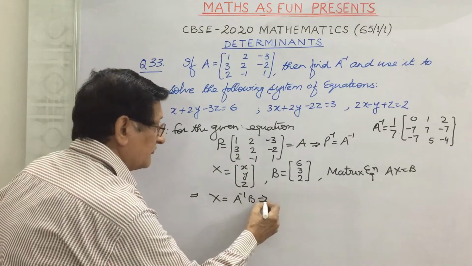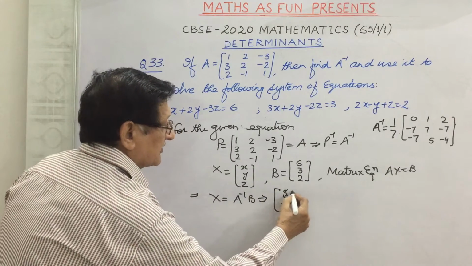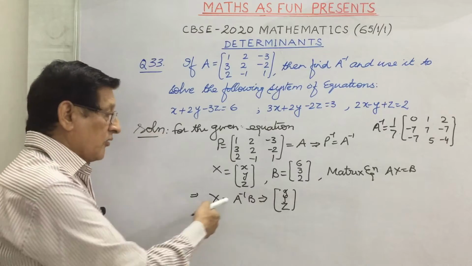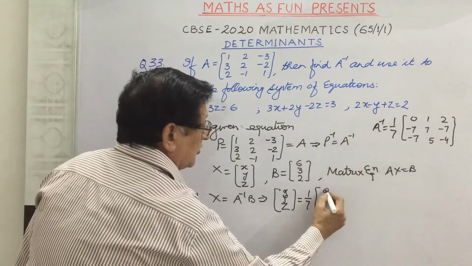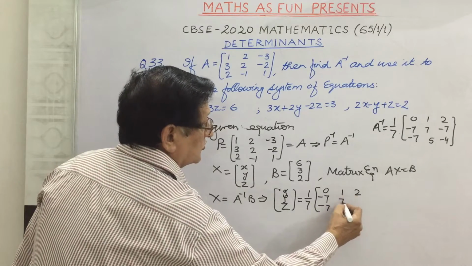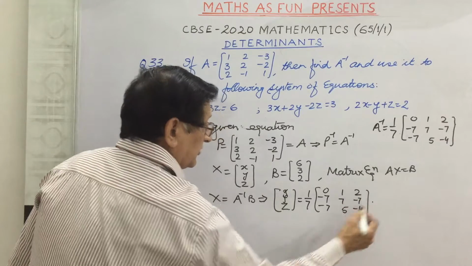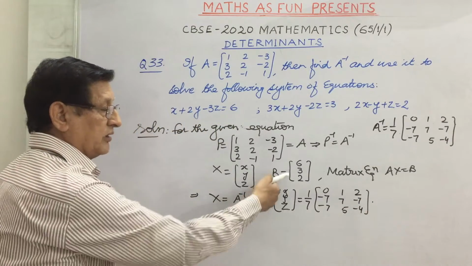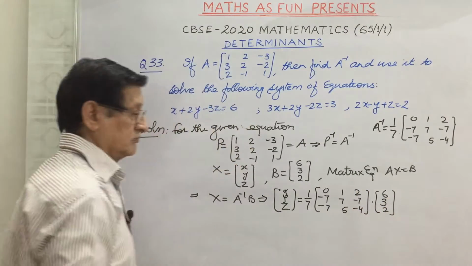So to find out the value of x, that is x, y, z, we multiply A inverse, that is 1 by 7, 0, minus 7, minus 7, 1, 2, 7, 5, minus 7, minus 4 into B. B is 6, 3, 2.